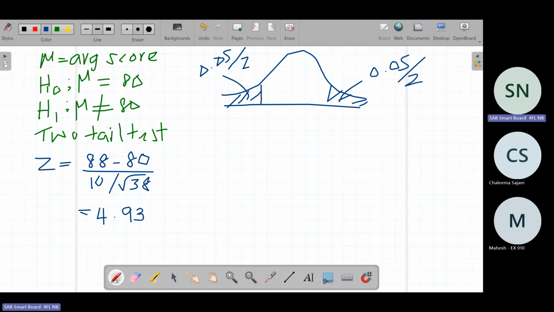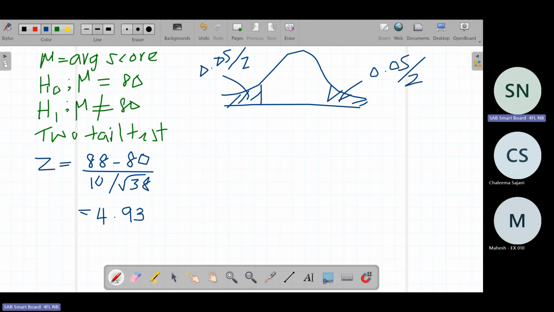It means one side is 2.5%. Okay. It's clear. The level of significance is the rejection region, 5%, which is split across both sides. Understood?